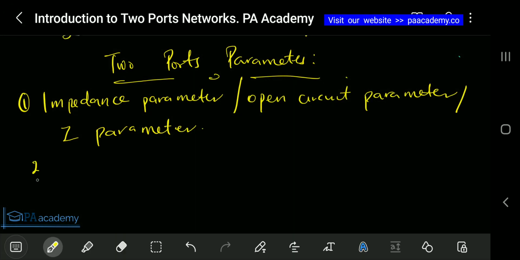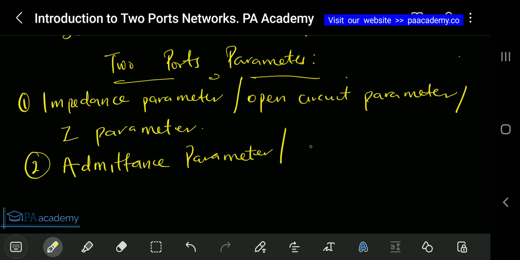The second type of two-port parameter is the admittance parameter. This also has another name, which is the short circuit parameter.